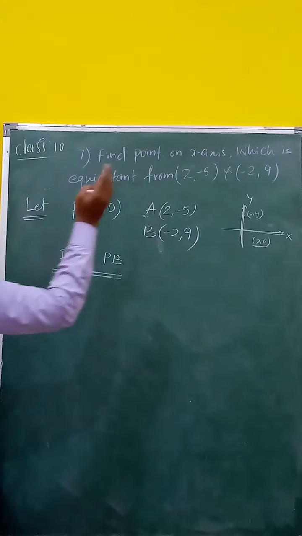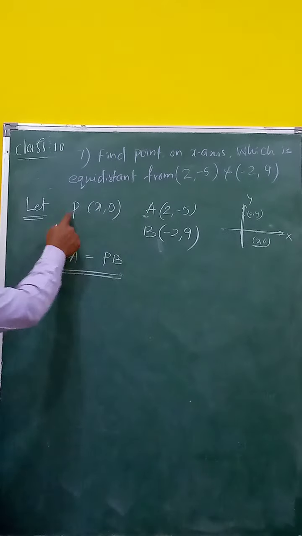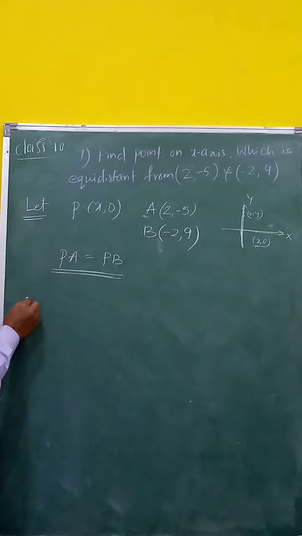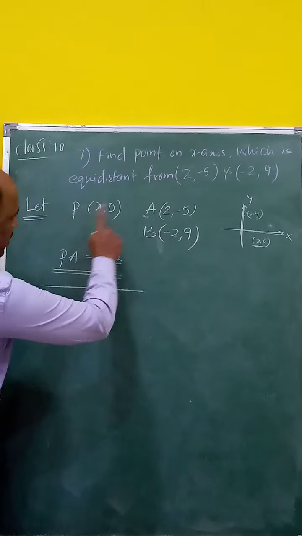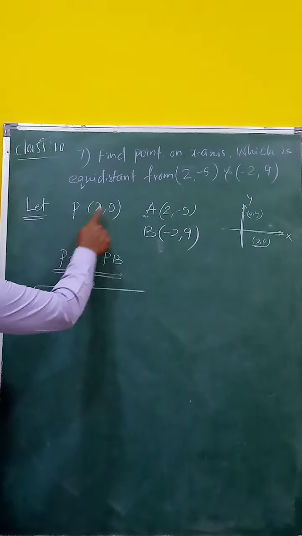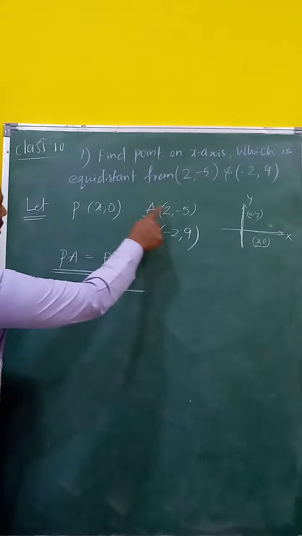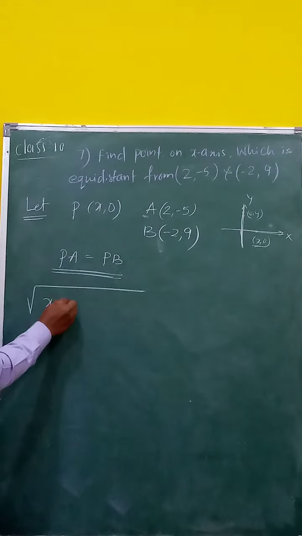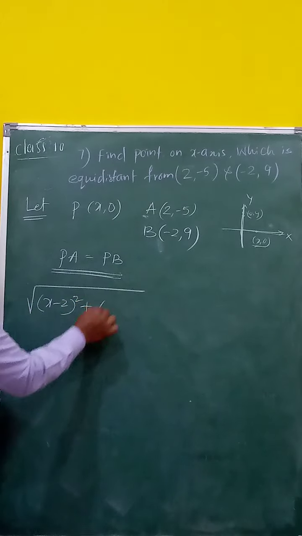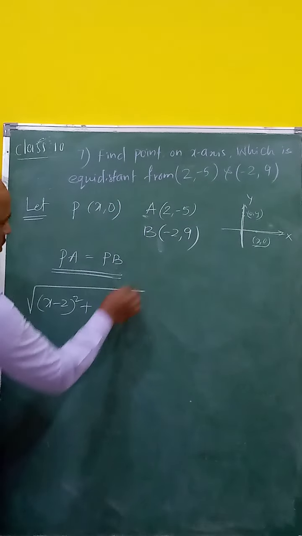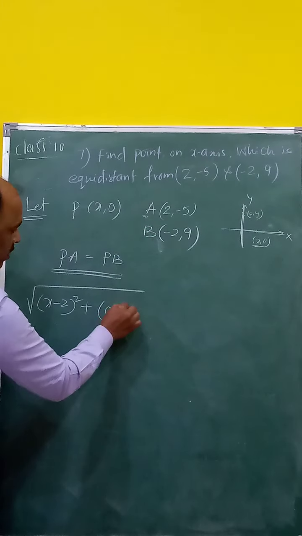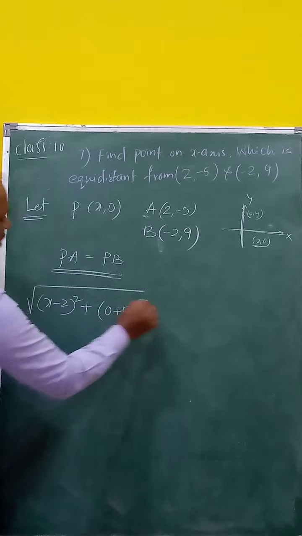Now apply the distance formula. First PA, then PB. We know the formula: (x1 minus x2) whole square plus (y1 minus y2) whole square. Same way we will apply. Here x1, y1, and this is x2, y2. So (x minus 2) whole square plus (0 minus of minus 5, that is 0 plus 5) whole square.